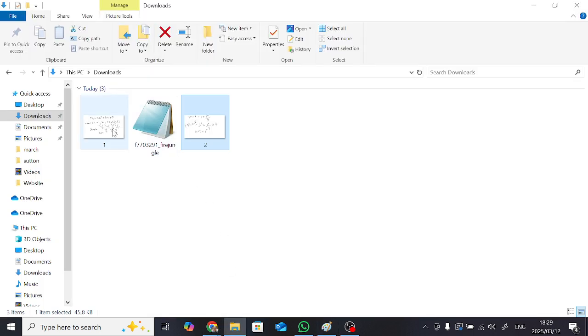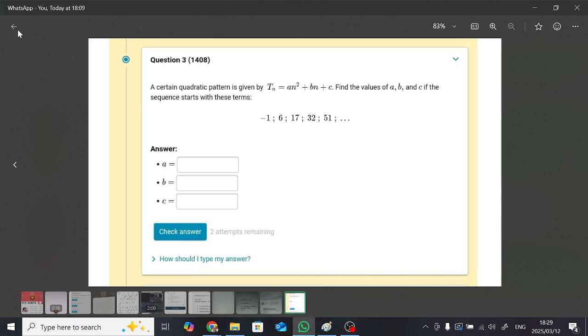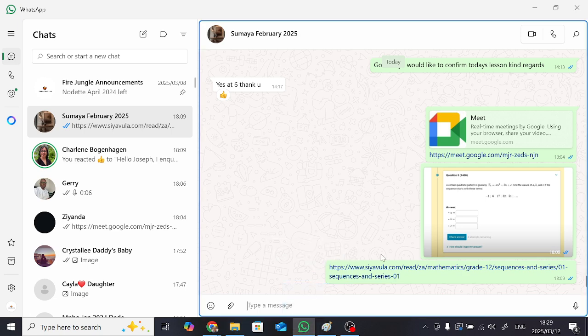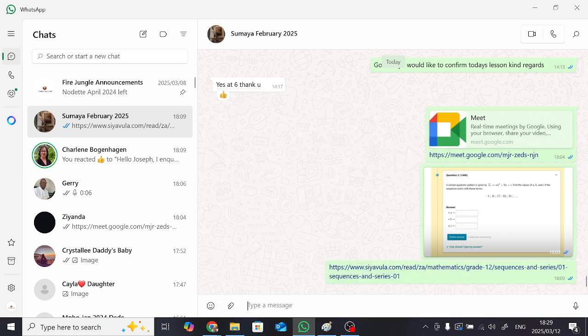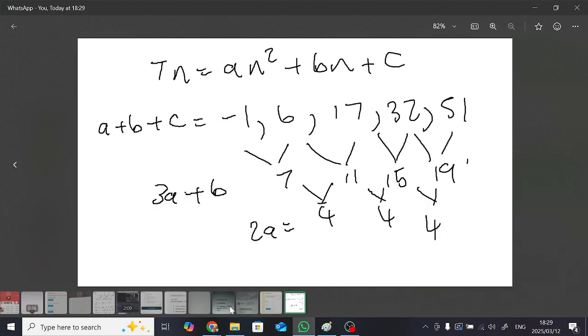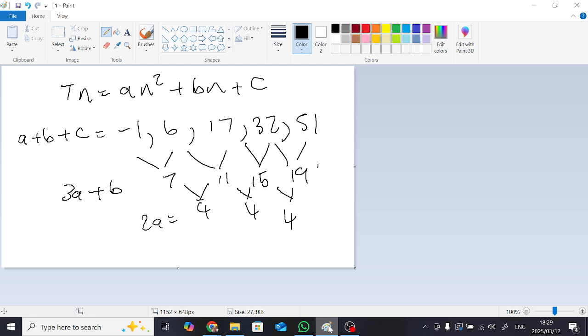So we have this, and we can now calculate what A, B, and C are going to be equal to.